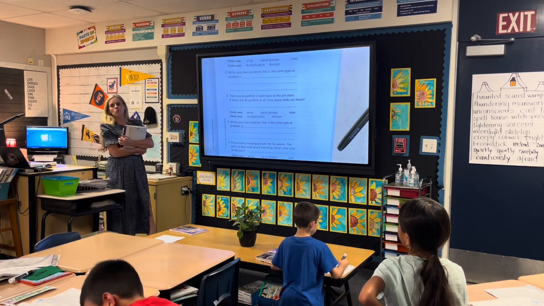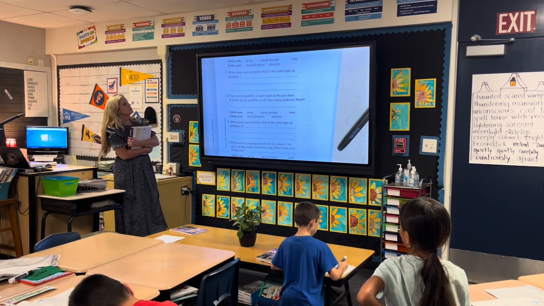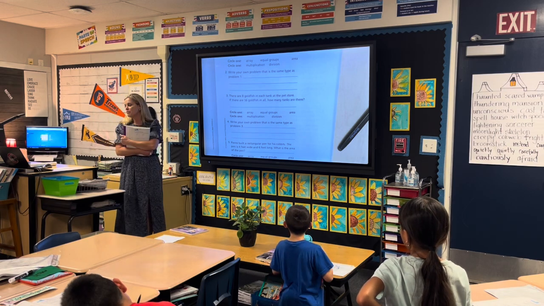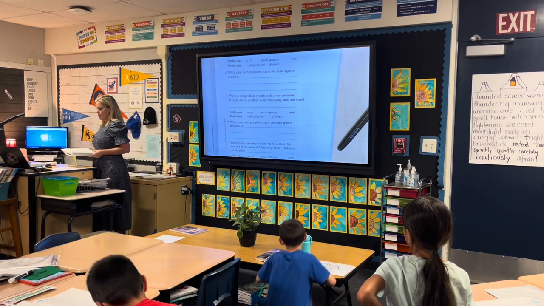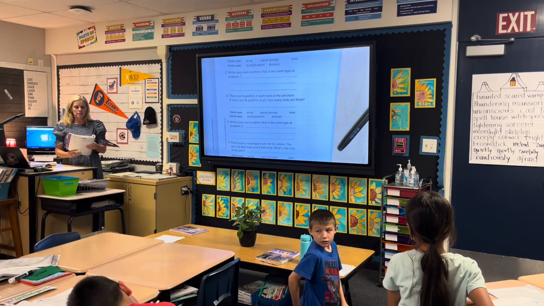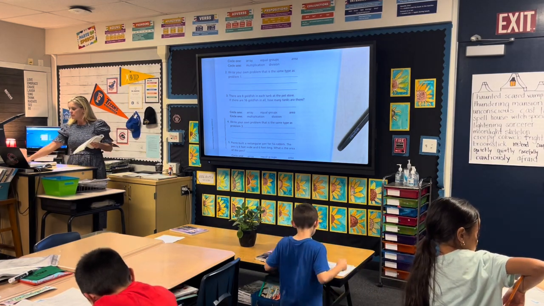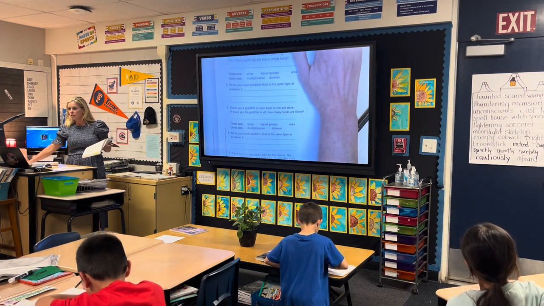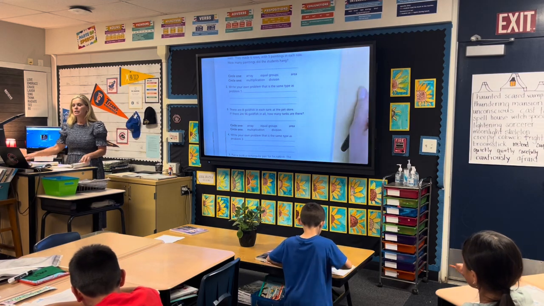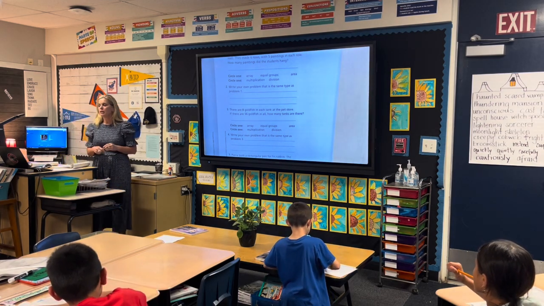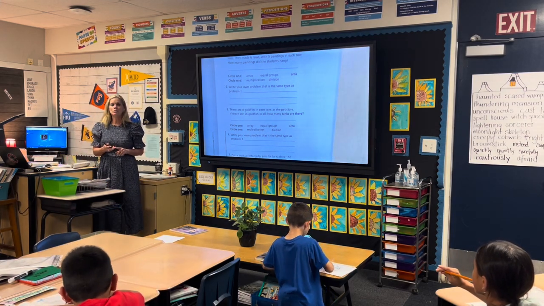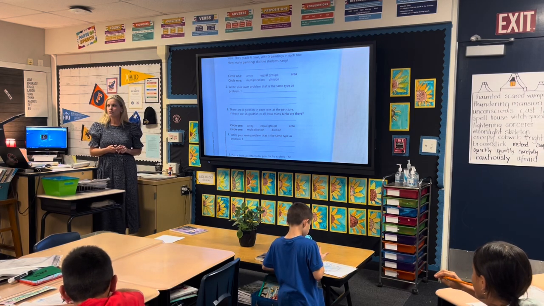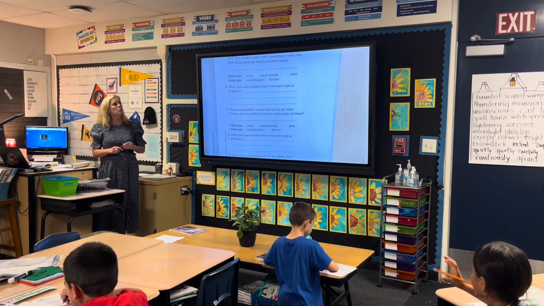Write your own word problem that is the same type of problem. Okay, so number 1, let me move this down here because we didn't get to that yet. Number 1 is what? An array, equal groups, or area. Jude, you did that problem for us.